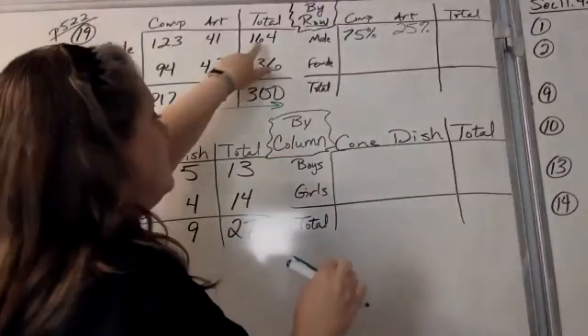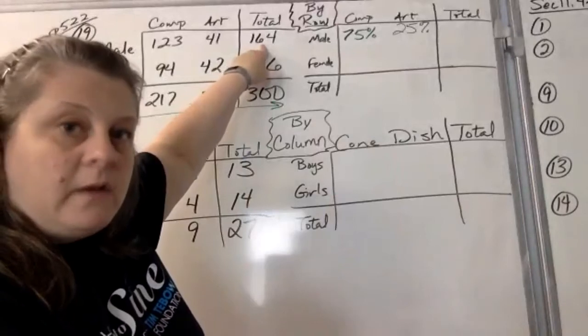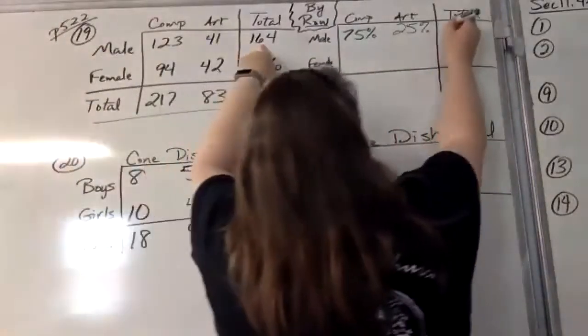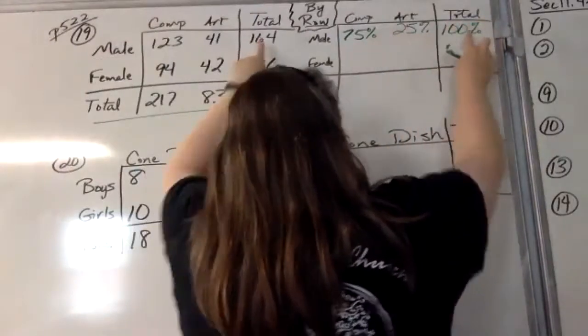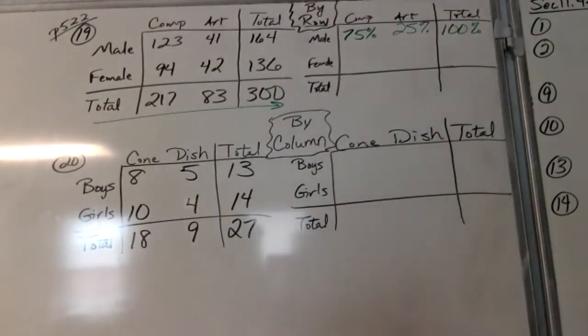Because this one would take 164 divided by 164. Anything divided by itself is 1, so that should be 100%. So if I add these two parts, it should equal the whole thing, which we talked about yesterday, okay? But you're going across the row, okay?